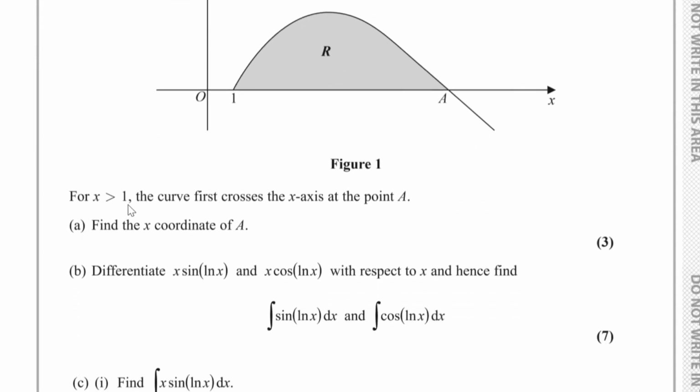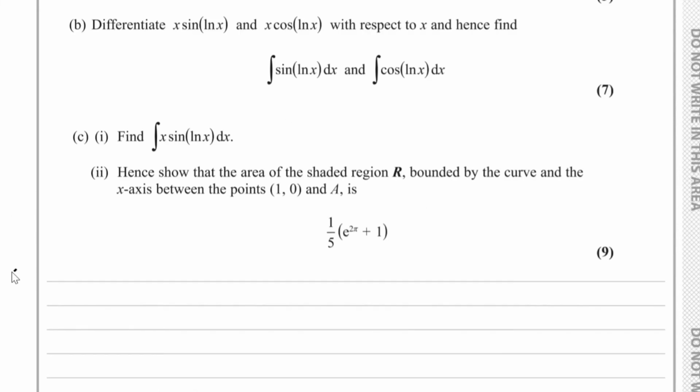For x greater than 1, the curve first crosses the x-axis at the point A. We have to find the x-coordinate of A. So, for part A, we have y equals x times the sine of the natural log of x. And when y equals 0, you have x times the sine of the natural log of x equaling 0.